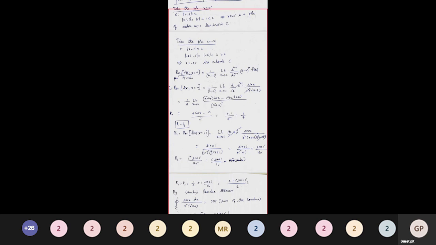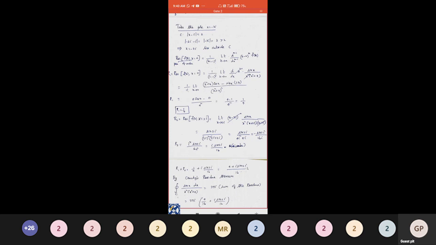Now x minus 2i gets cancelled. For the remaining terms, we replace the x value by 2i. So the numerator becomes sin 2i, and the denominator becomes 2i square into 2i plus 2i. The numerator is sin 2i, the denominator 2i square is nothing but 4i square, and 2i plus 2i is 4i. Again, you simplify. The denominator i square is minus 1, so the denominator is minus 16i. The numerator is sin 2i.